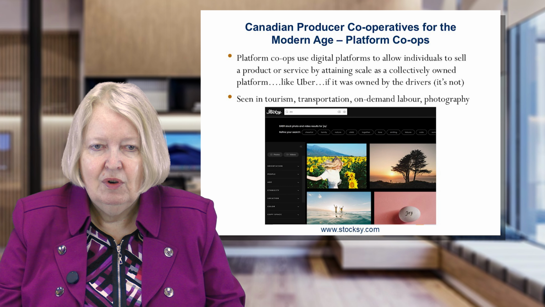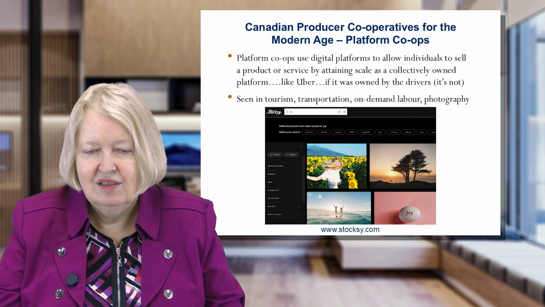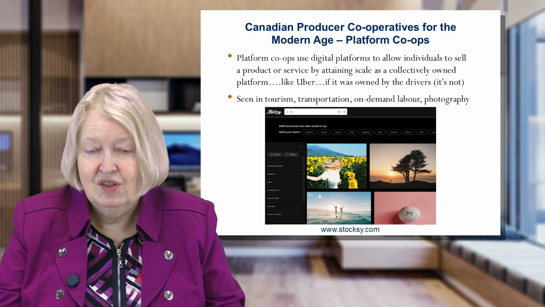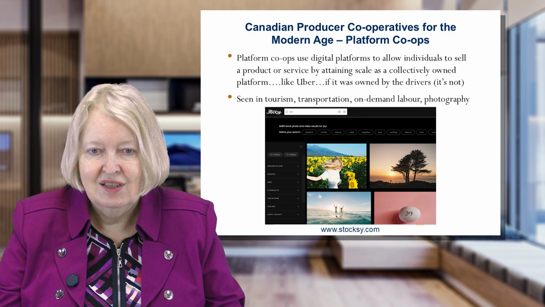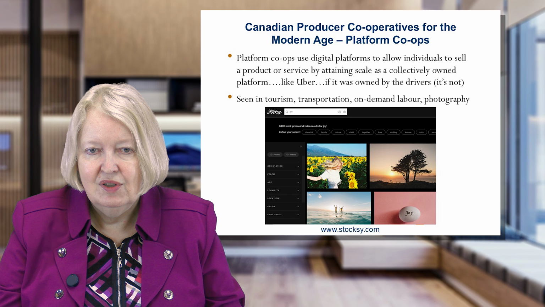This type of co-op is seen in tourism, transportation, on-demand labor, and photography. This is a Stocksy image, and you see those many times in different books and magazines. Stocksy itself is owned by the photographers who take these photos, and if you want to use them, you pay a fee.